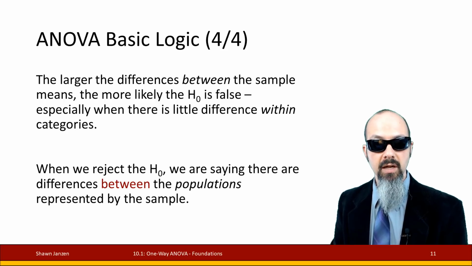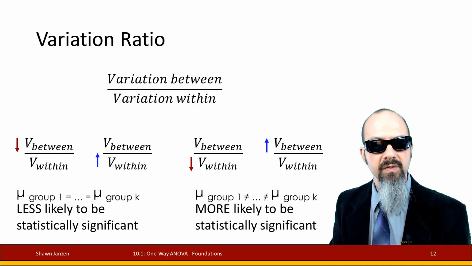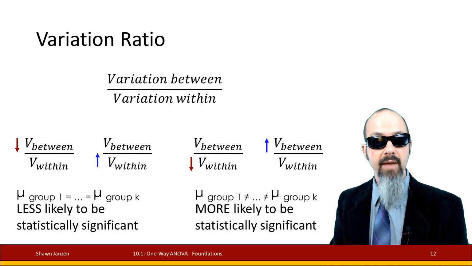We're going to reject the null, saying that there's a difference between the populations represented by their samples. So what we're dealing with here is this variation of within and between. It's a ratio. The variation within is in the denominator, variation between is in the numerator. Now because this is a ratio, the lower number gets divided into the upper number, and we have some value.